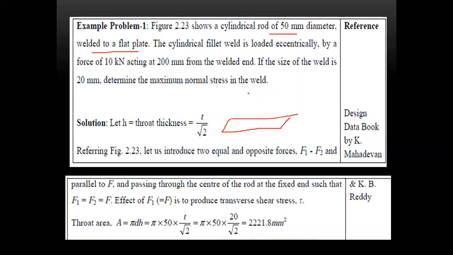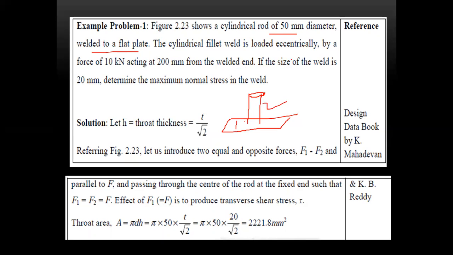On this flat plate, you are having a cylindrical object. Now this is a plate. This is a cylindrical rod.